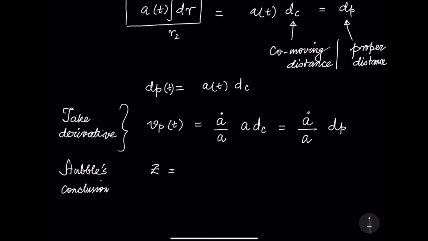So you get the fact that the redshift, so this was Hubble's conclusion, is that the redshift is this apparent velocity, which we call the proper velocity, divided by c, and that equals this quantity called h naught times dp by c. This was the Hubble's parameter.